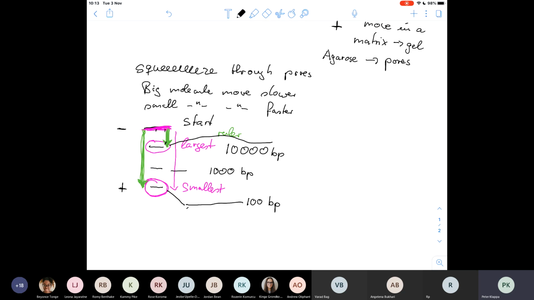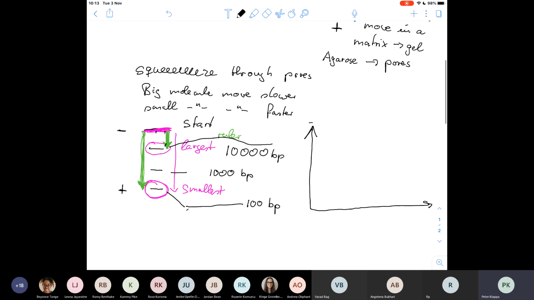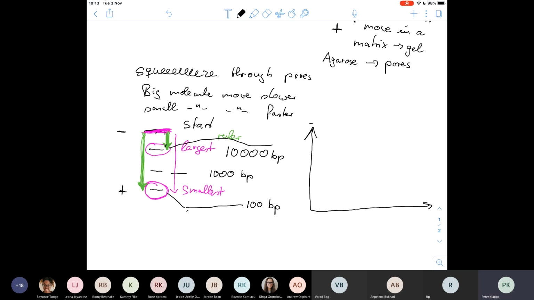And the way we would plot that would be, let's see if I can plot that. What is our independent variable, the variable that we have control over?